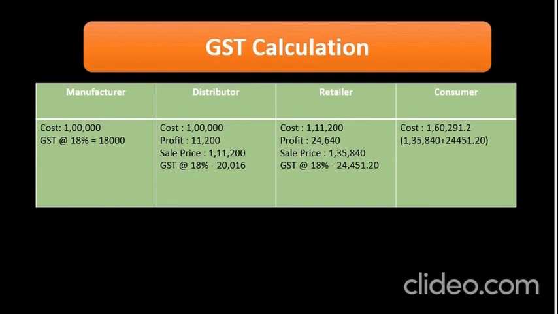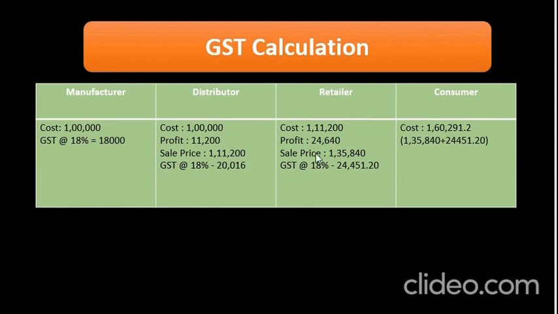But in the GST calculation, only the cost and the profit, that is the value added, like the cost plus profit, is charged GST, so it doesn't create the cascading effect, that is tax on tax. So on the sale price decided by the distributor, that is 1,11,200, GST will be charged at 18%, which gives us 20,016.